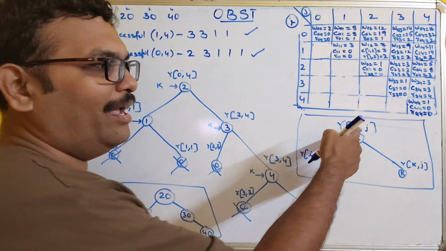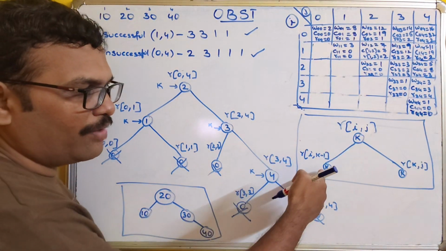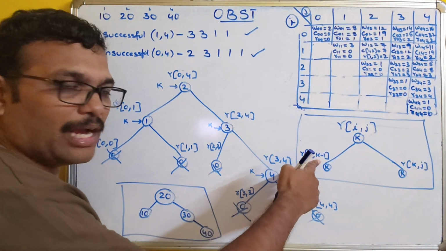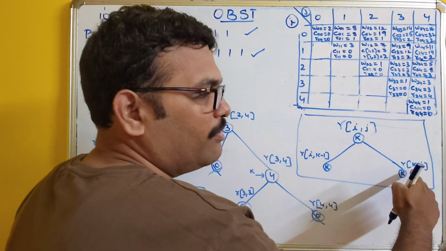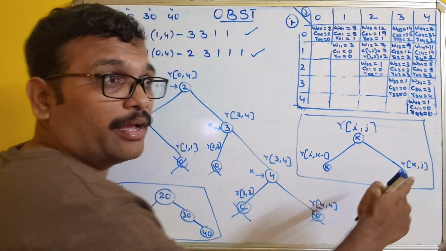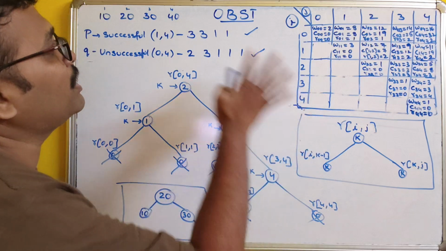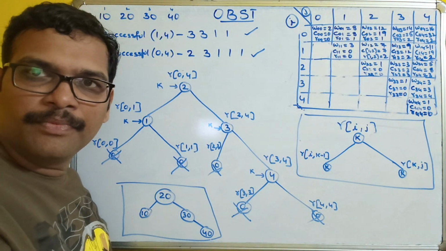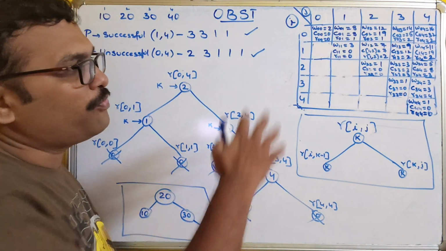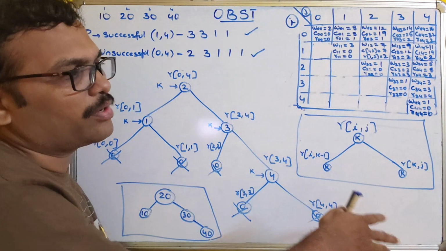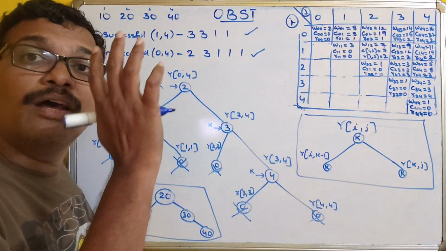Okay, so just remember this formula to construct the tree. R of i j, on the left hand side it will be R of i comma k minus 1, right hand side it will be R of k comma j. Here k means nothing but the corresponding element numbers. First we have to calculate the weight, cost and root.